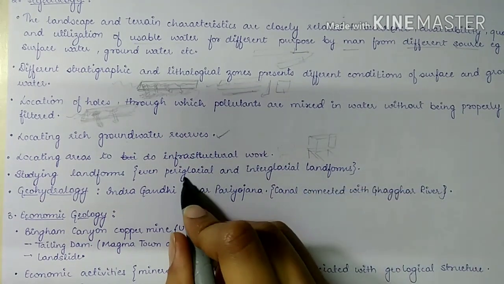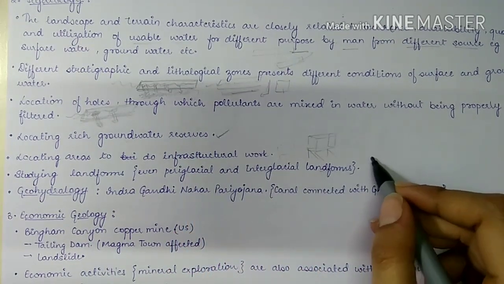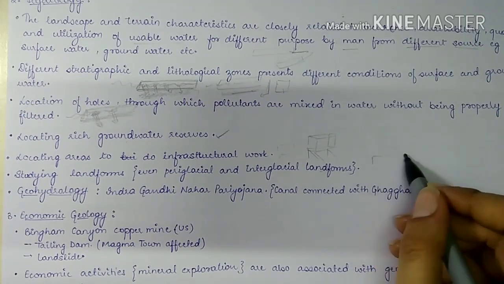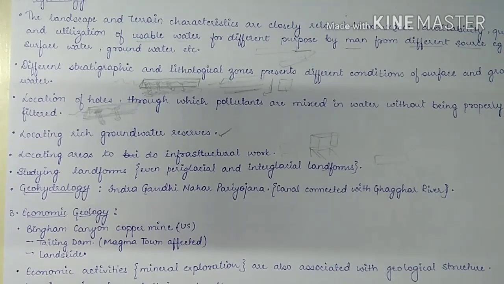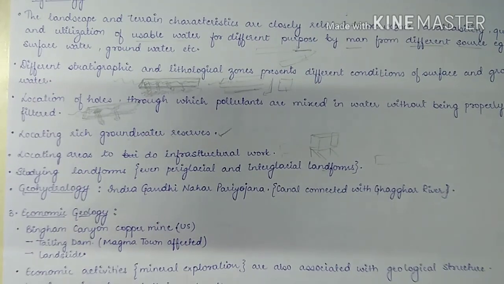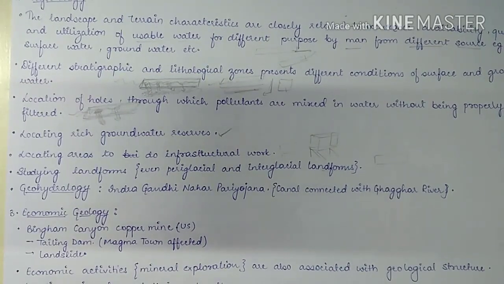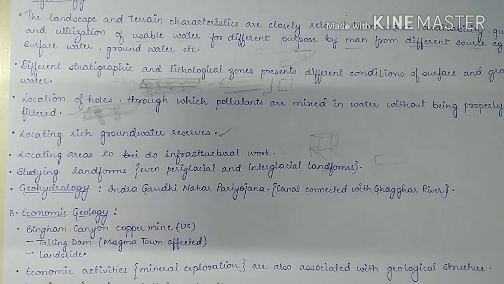So in these landforms we can locate abundant groundwater. Applied geomorphology is used for locating these landforms and extracting groundwater from them, which can be used by humans.